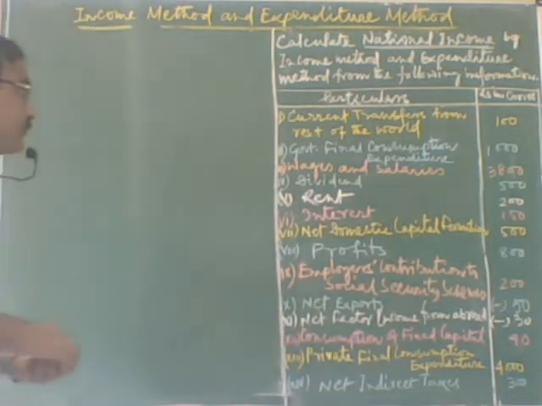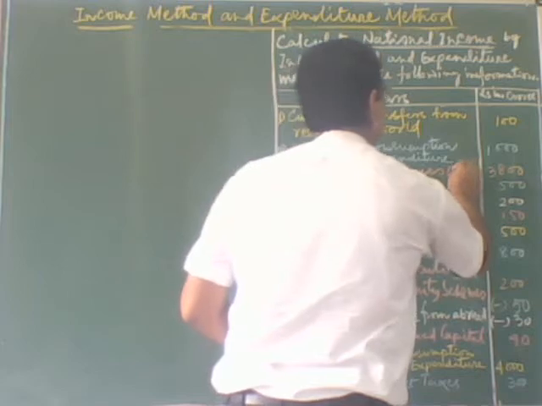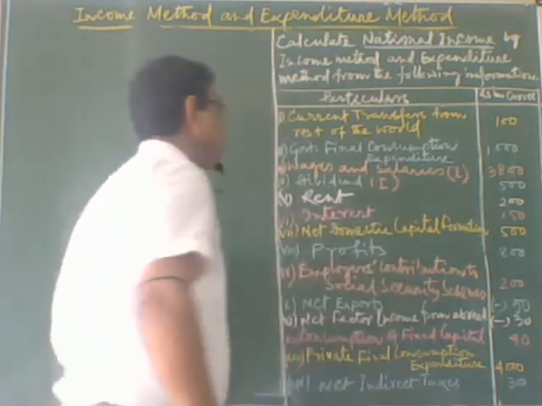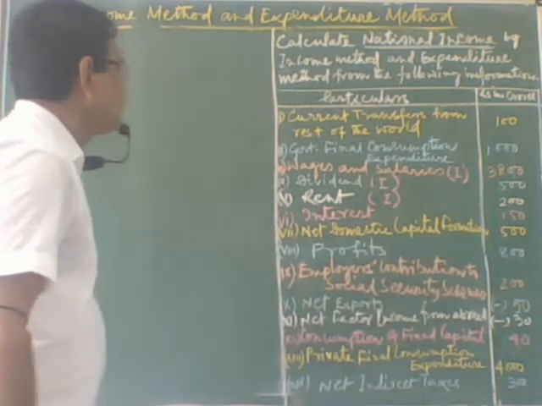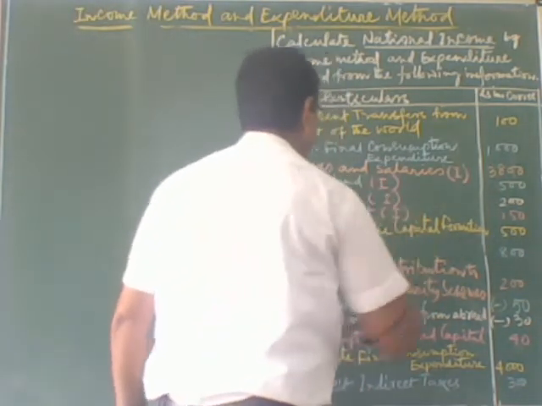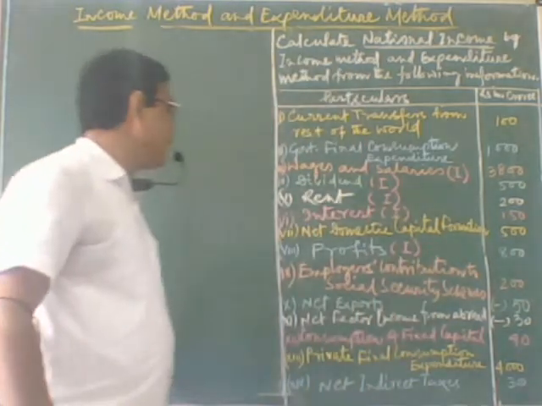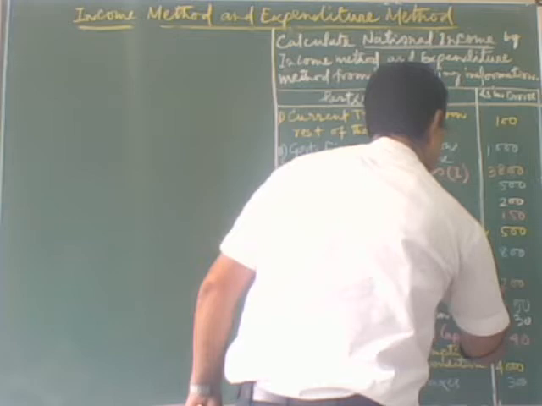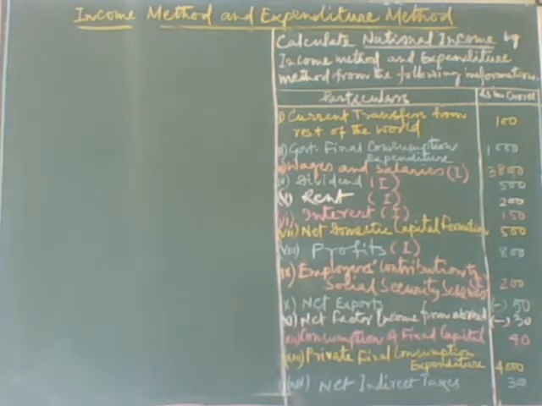According to this information, number 3 will be denoted by I. You have to mark it by I. Number 4 is a component of the income method, so it will be marked by I. Number 5 is also a component of the income method, so I. Number 6 is also, so I. Profits are also components of the income method, so I. Employers' contribution to social security scheme is also the income method, so I. So these are the components related to the income method.